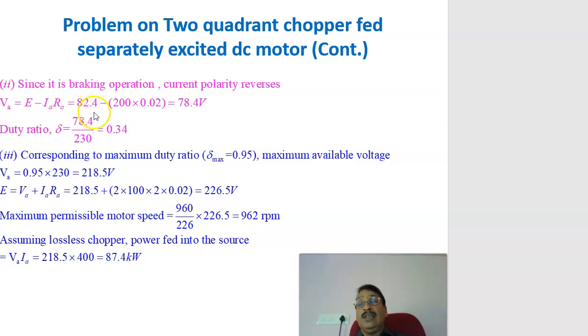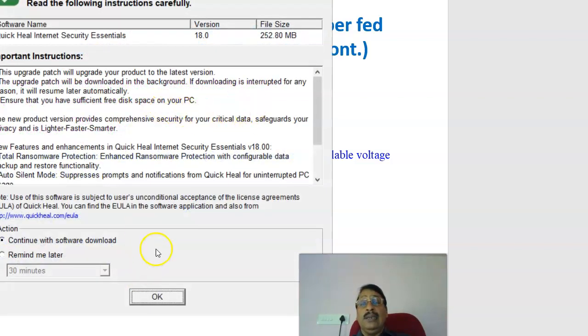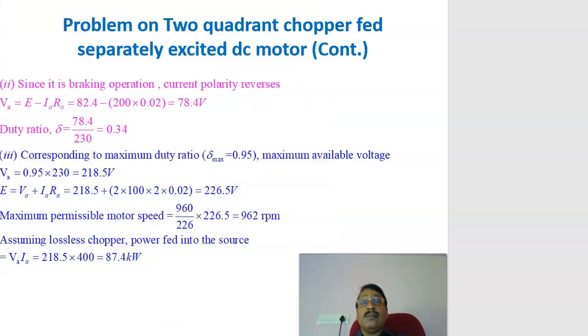Therefore, the back EMF 82.4 minus I_a R_a, with 200 as the rated torque current, so 200 into 0.02, you will be getting it equal to 78 volt. 78 volt is the armature voltage corresponding to this braking operation, and the corresponding duty ratio delta can be calculated by 78.4 divided by 230, equal to 0.34.